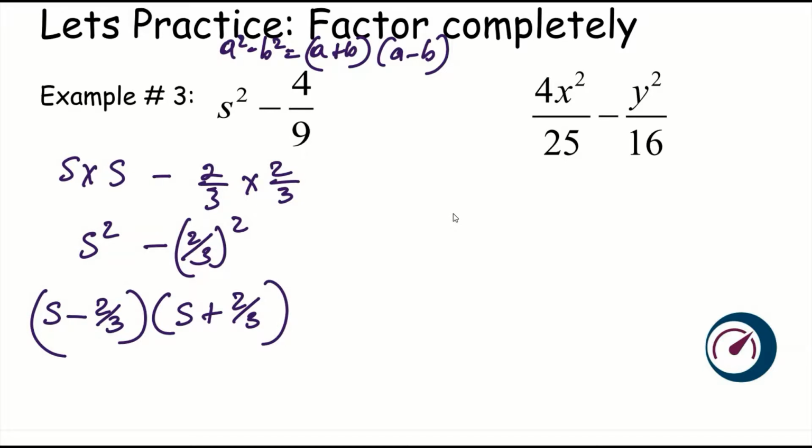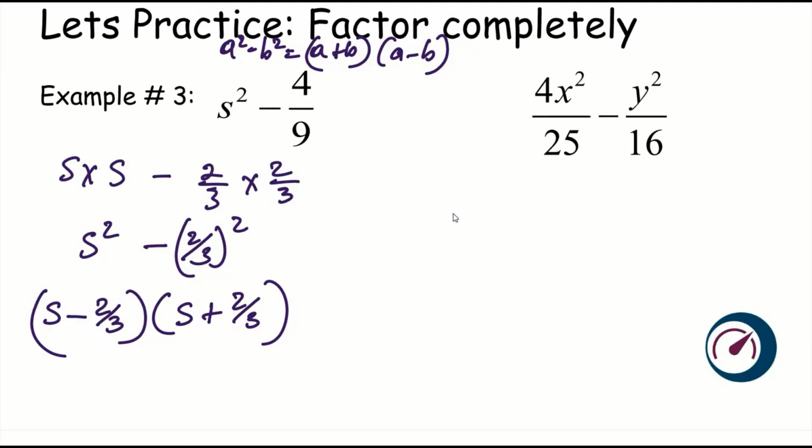Now we know x squared by now. x times x is equal to x squared. And we know that 2 times 2 gives us 4 and 5 times 5 gives us 25. So all of this is a perfect square. Subtracting y times y gives us y squared, and 4 times 4 gives us 16. So first step is done. We identify that we have a perfect square subtracting another perfect square.